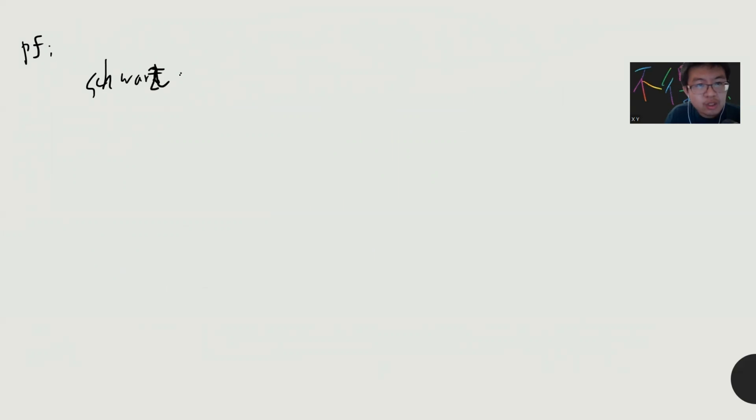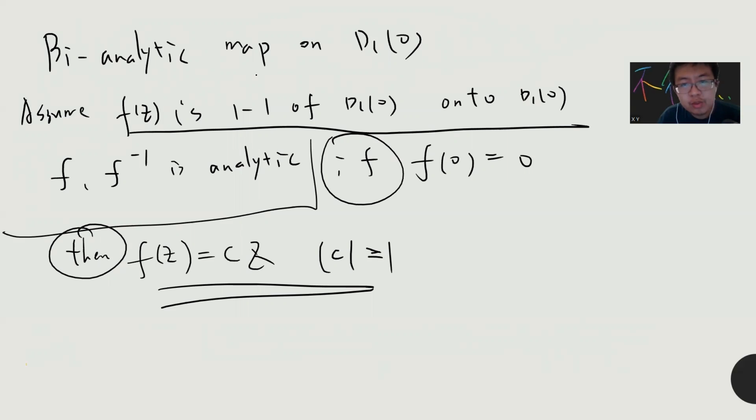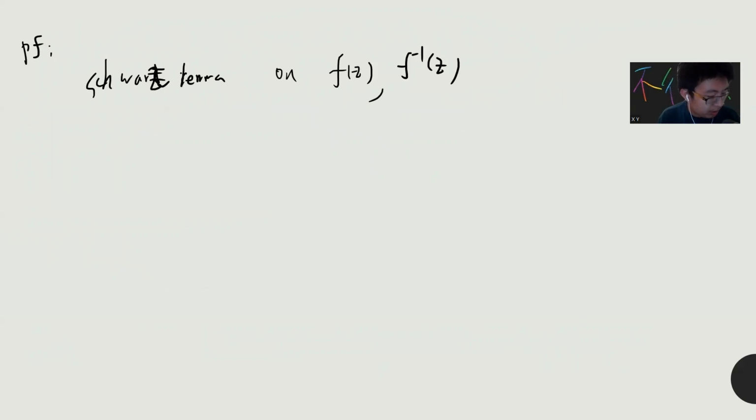So the Schwarz lemma on f of z and its inverse. By the previous Schwarz lemma, we want to use that |f of z| is less than or equal to 1 for |z| less than 1.